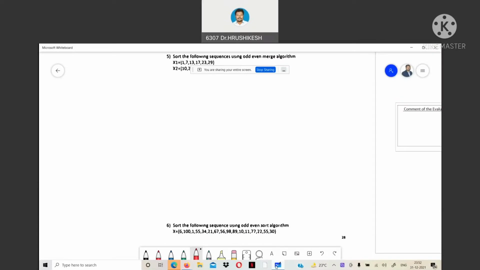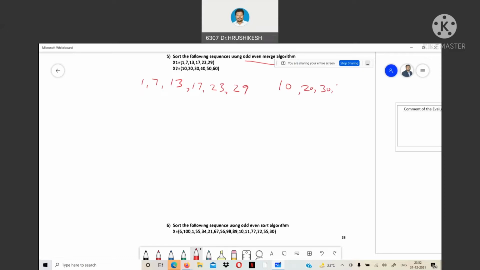Now you see the problem of the odd even merge algorithm. They were given x1 and x2. So x1 you note on one side and x2 on the other side. 1, 7, 13, 17, 23, 29 is one list, and another list is 10, 20, 30, 40, 50, 60.